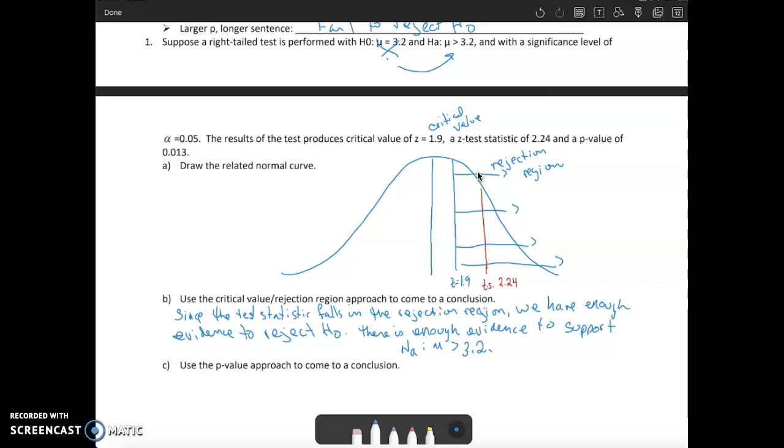Let's look at how the p-value approach works. So what we've got, whenever we have that test statistic, when we have that critical value that makes the boundary, what is out here has an alpha value of, in this case, 0.05.